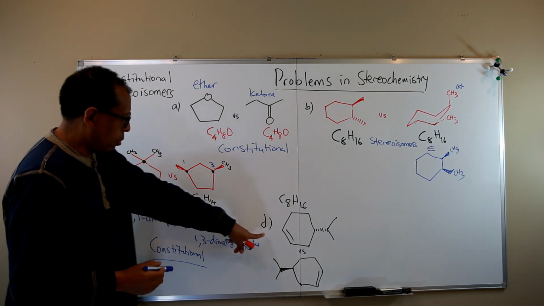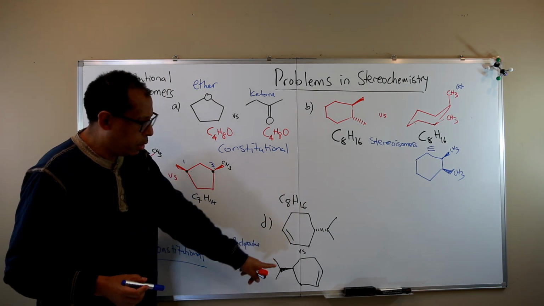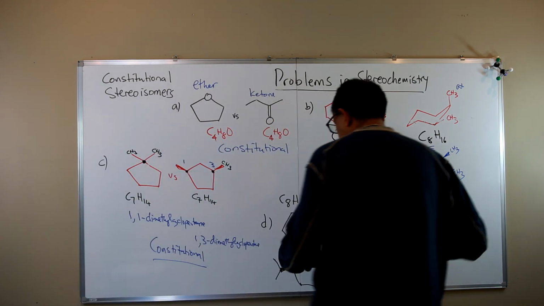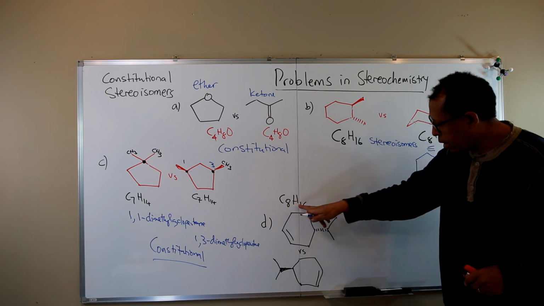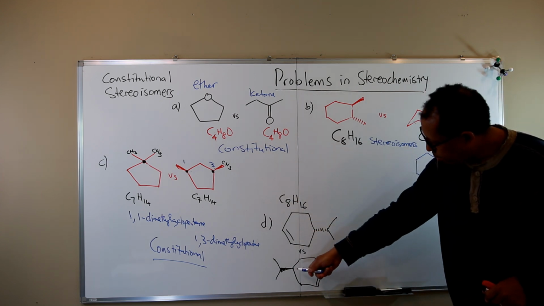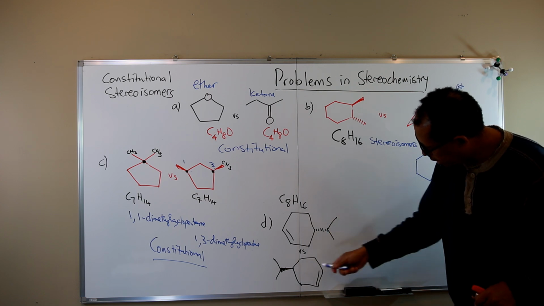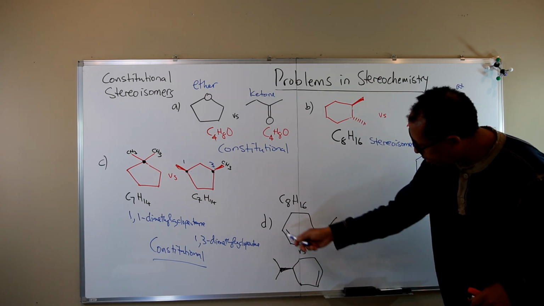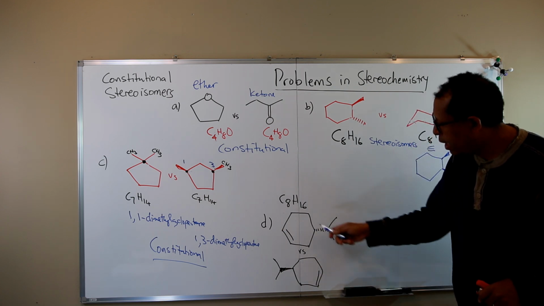Let's pass to the pair on D. If you just look at D, this is C8H16, C8H16. The bonding pattern looks the same. You have dimethyl, you have a carbon-carbon double bond within the ring.